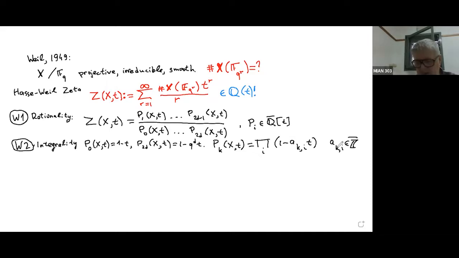Unfortunately, there is no universally accepted notation for it, so I use this one for the integers of the field Q bar. So this is just axiom number 2.